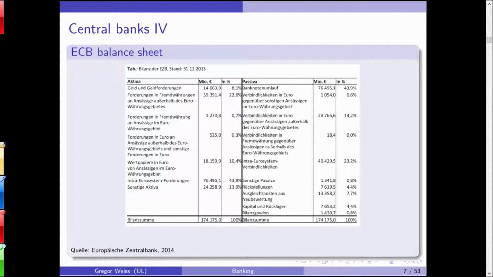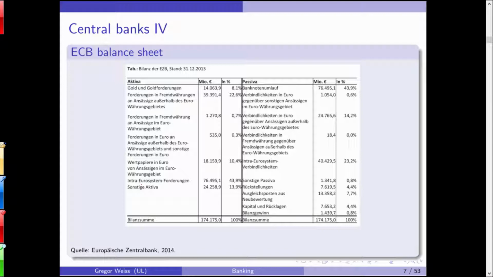And one weird little entry is, if you look at the liability side, right down at the bottom, you can see that you have a balance sheet profit of 1.4 billion euros.